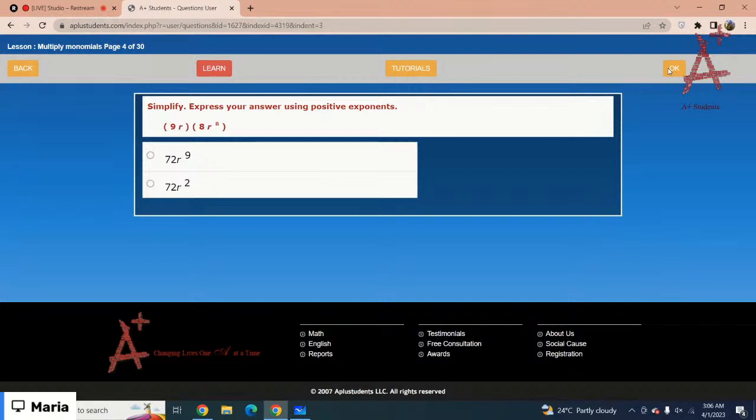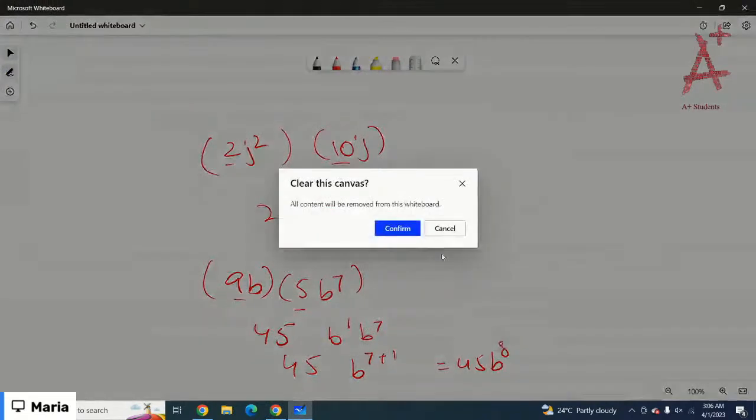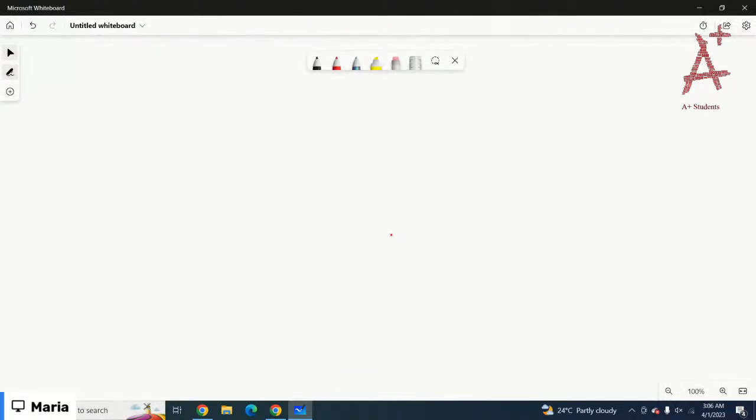Okay, the next one is 9R times 8R8. Let's multiply the coefficients. 9 times 8 is 72.